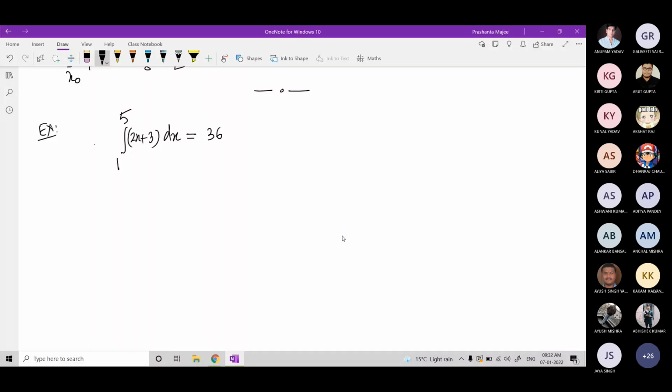So for the trapezoidal rule, you will have to create a set of data points. I will be considering the x values at 1, 2, 3, 4, and 5, and I will be evaluating the corresponding y values.